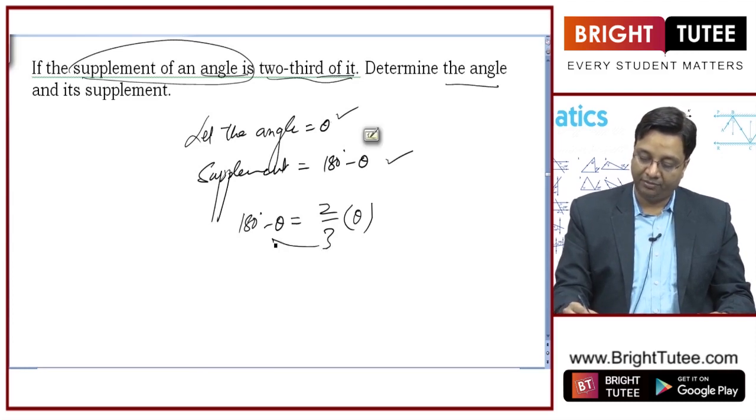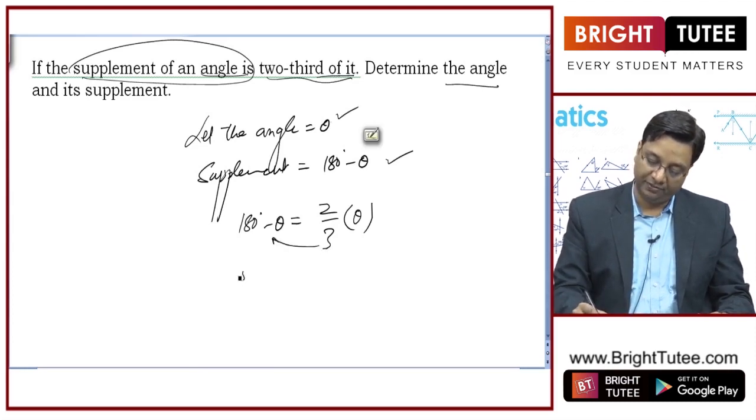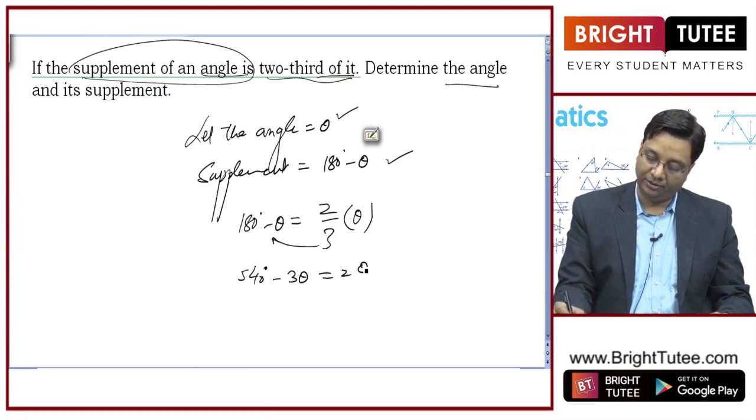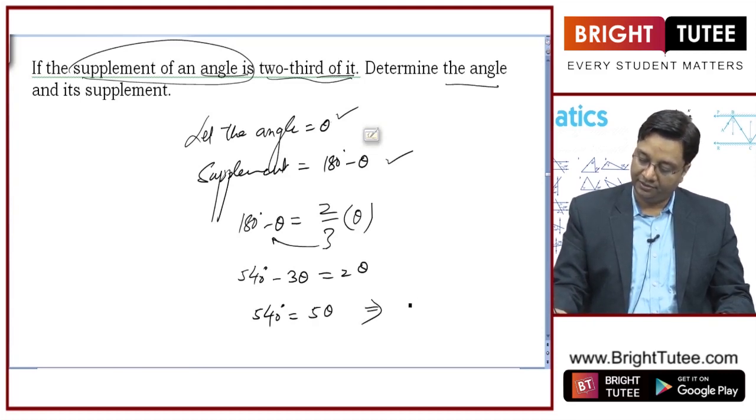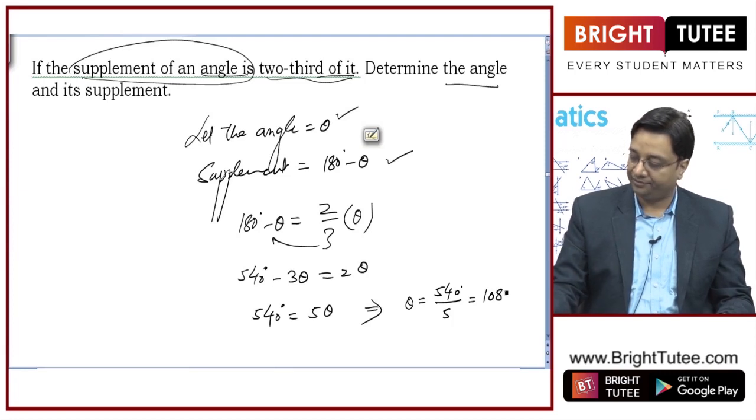Now if I cross multiply this 3 here, it will be 540 minus 3 theta, and it is equal to 2 theta. So 540 is equal to 5 theta. Hence theta is equal to 540 by 5, that is 108 degrees.